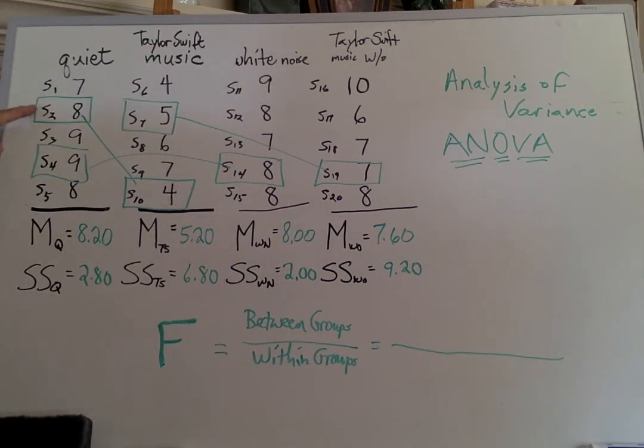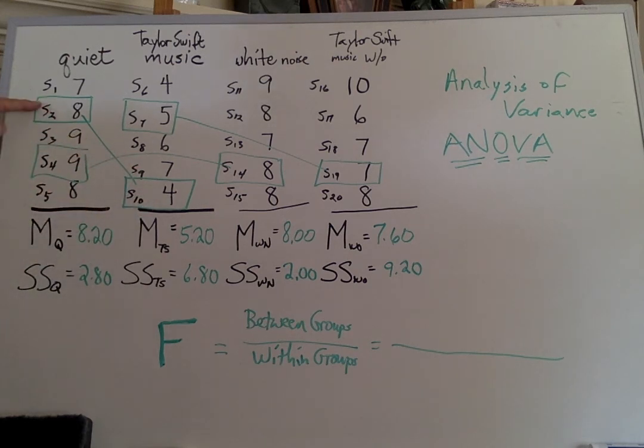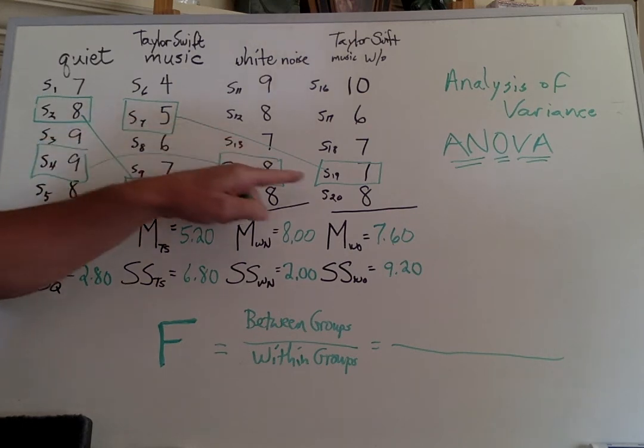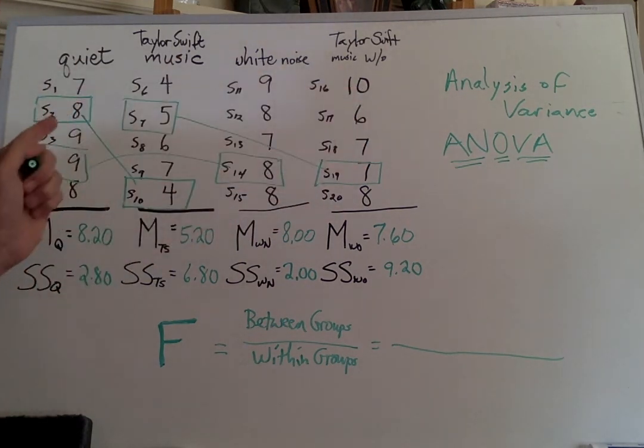Why might subject 2 and subject 10 have different memories for different numbers of words? That's the data we're looking at here. Subject 2 remembered 8. Subject 10 remembered 4 words. Subject 7 remembered 5. Subject 19 remembered 7. And all these are different between groups comparisons.